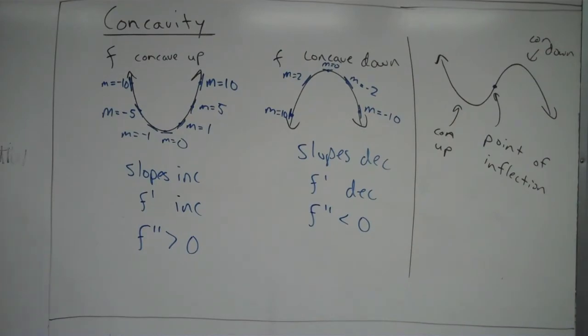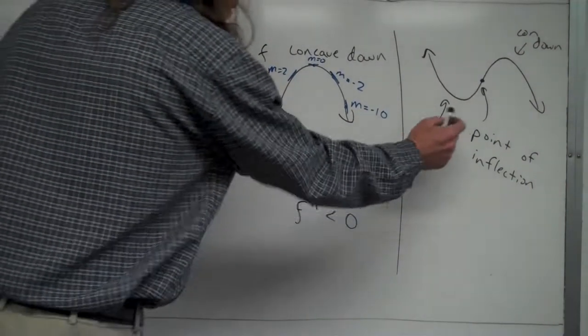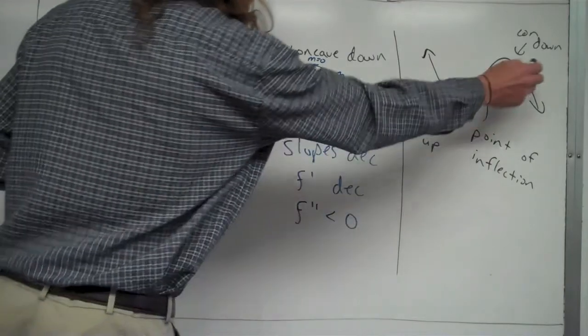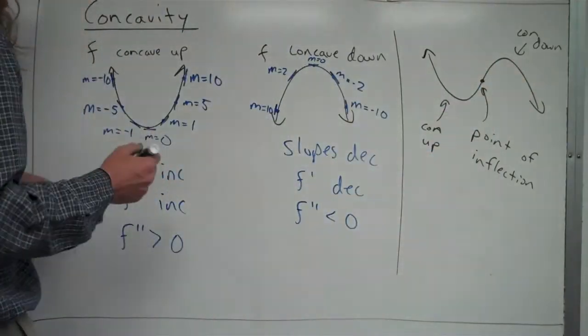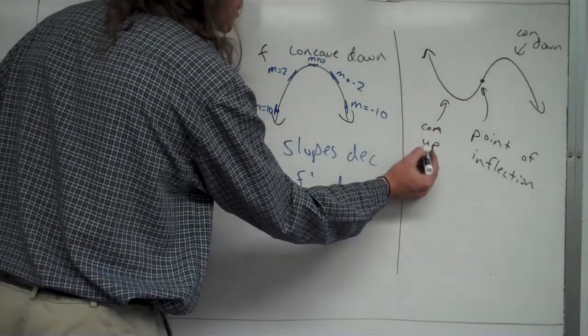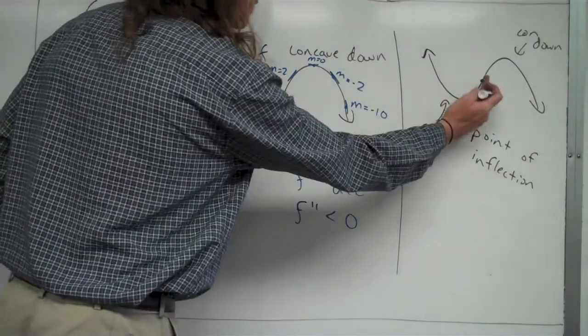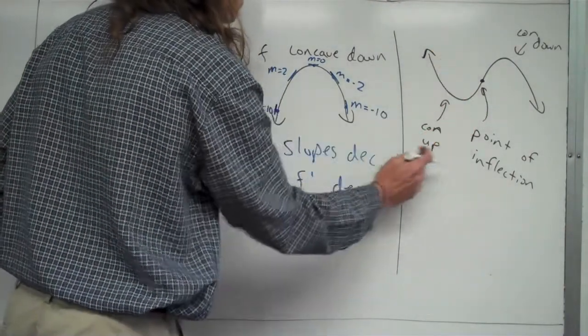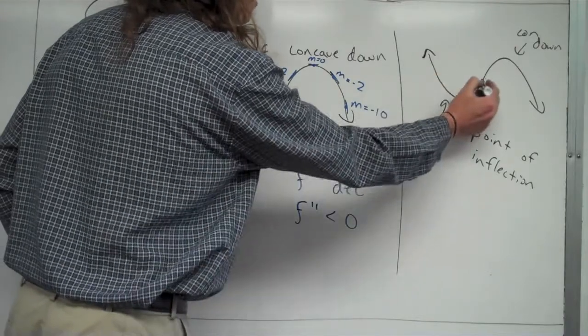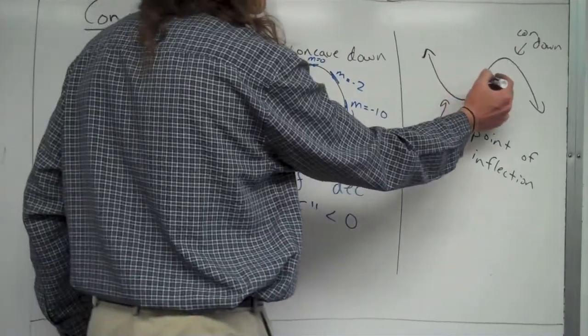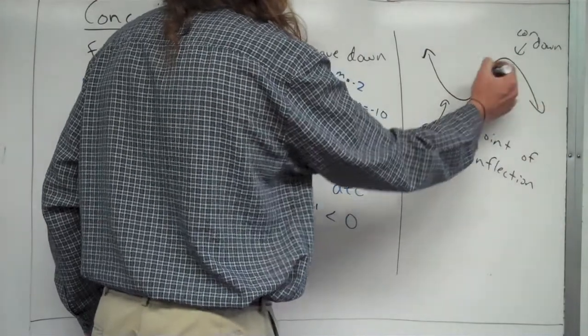And something we should think about, in order for a graph to change concavity from concave up to concave down, think about it here. A second ago we said, okay, if a graph is concave up, that means that the second derivative is positive. So the second derivative of this graph right here would be positive, all the way on this part where it's concave up. And then the second derivative of this graph would have to be negative on this portion over here.